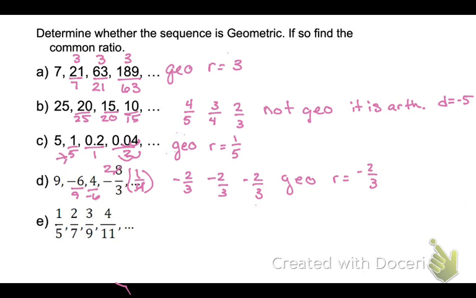Okay. So we're going to do division, yes, again. But we have to multiply by the reciprocal. So it's going to be 2/7 times 5/1 and 3/9 times 7/2 and 4/11 times 9/3. I think probably we're going to find out pretty quick.